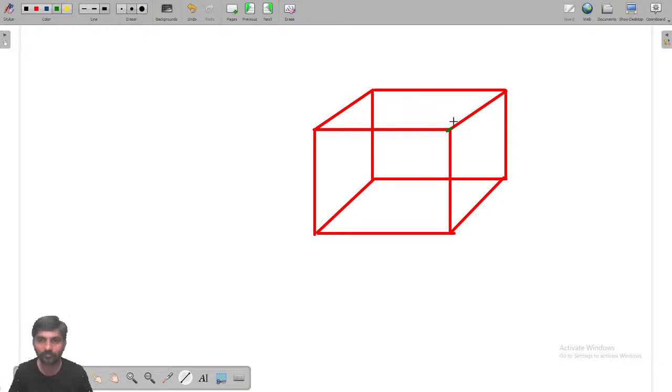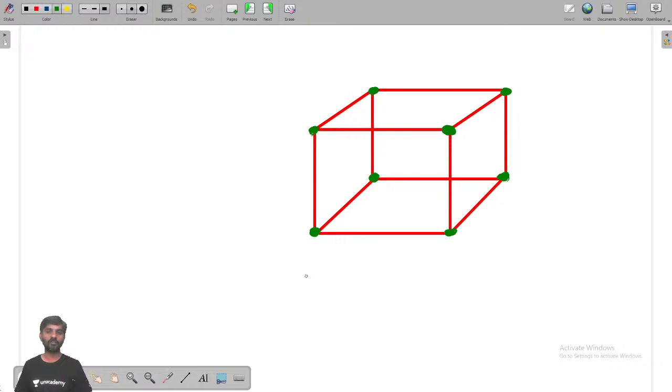One electron is here, one electron is here, one electron is here. For all the corners of this cube, you have electrons.